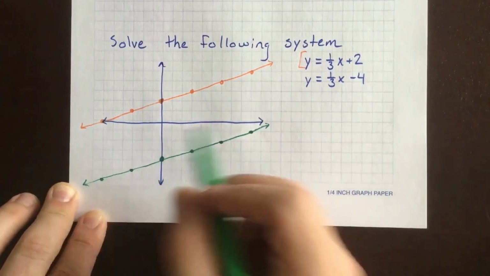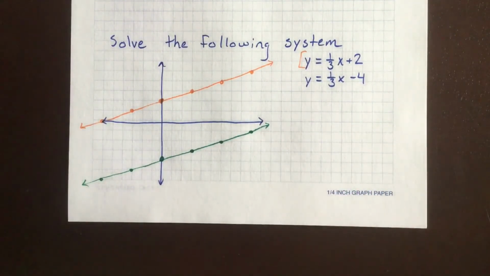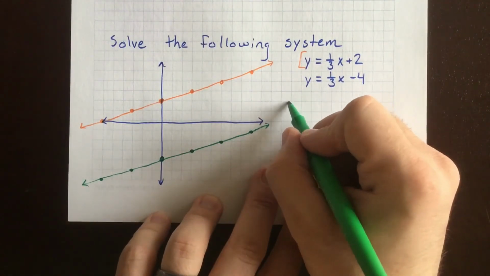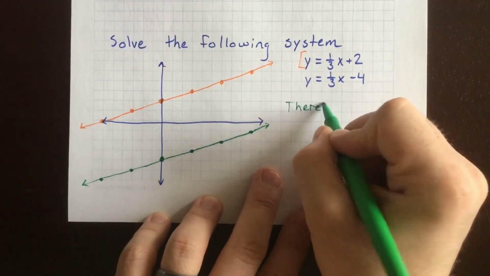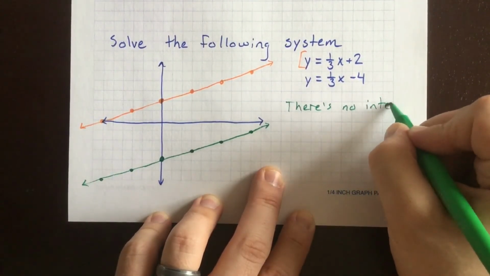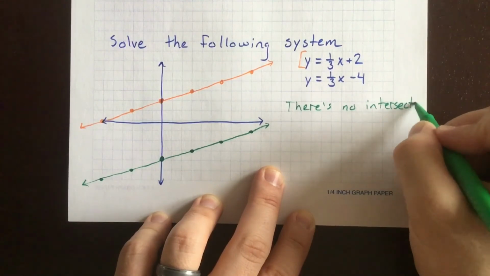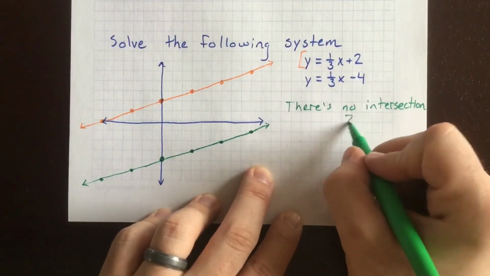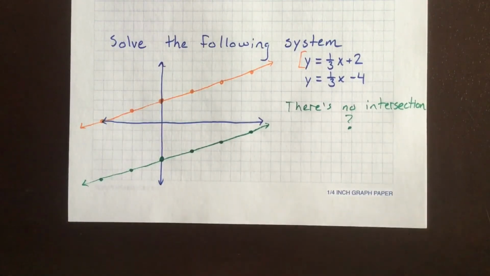Okay, and we notice, this is a little odd, there is no intersection between the two. There's no intersection. That's a little strange. So what does this mean?